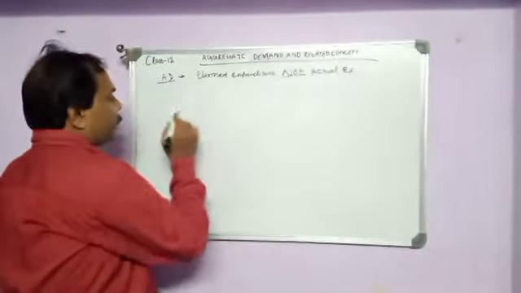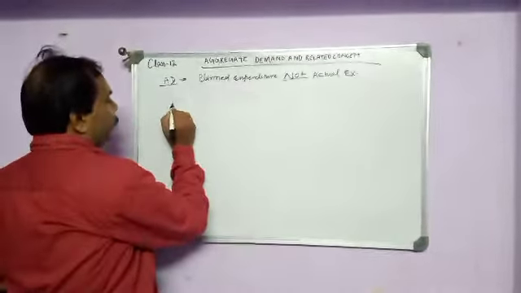Aggregate demand and market demand. AD and market demand are both different. Market demand is related to a particular commodity. Is it clear?